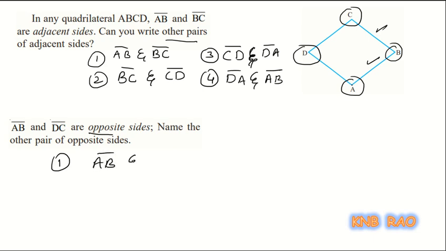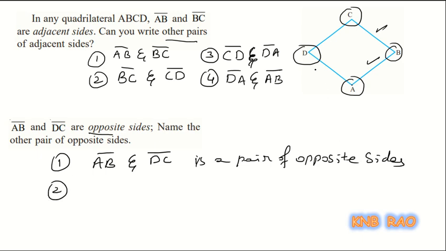AB and DC is one pair of opposite sides.